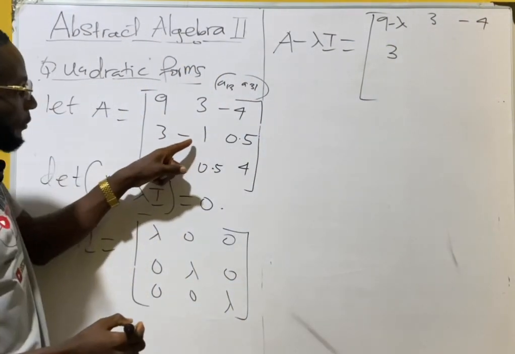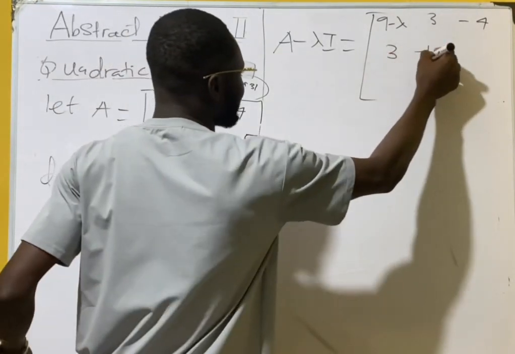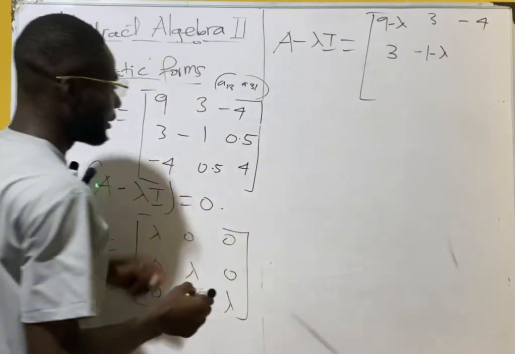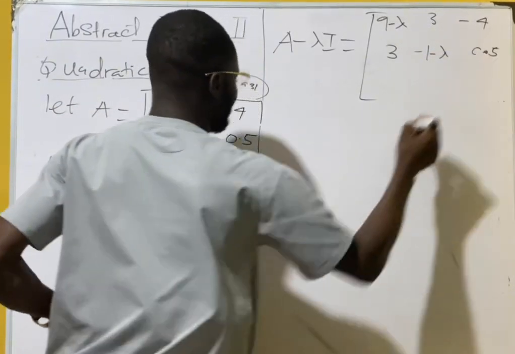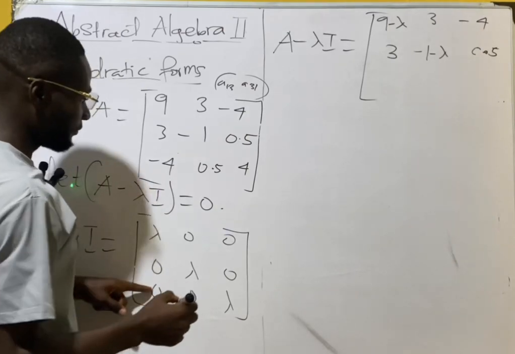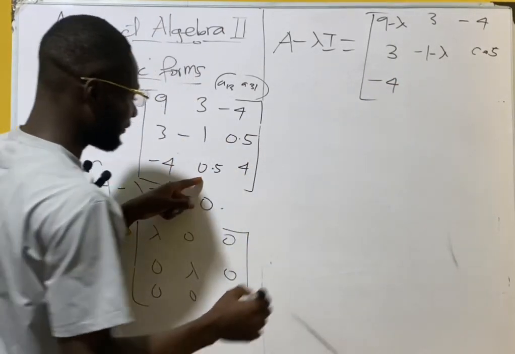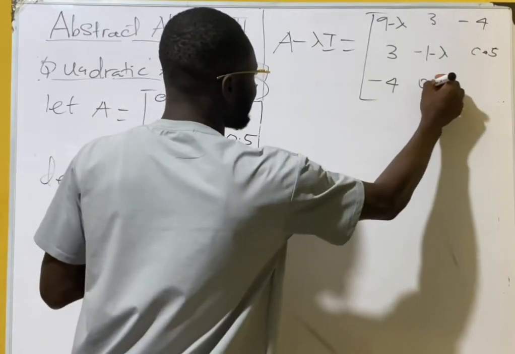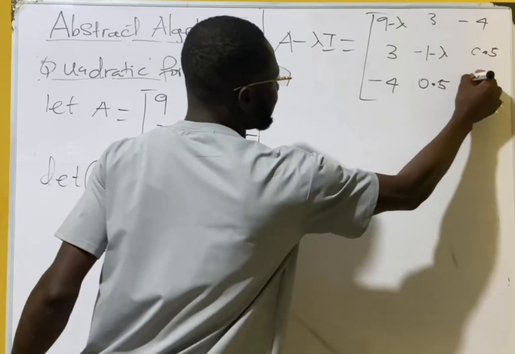Then we have minus 1 minus lambda. Then we have our 0.5. Then we have negative 4. Then we have 0.5. Then we have 4 minus lambda.